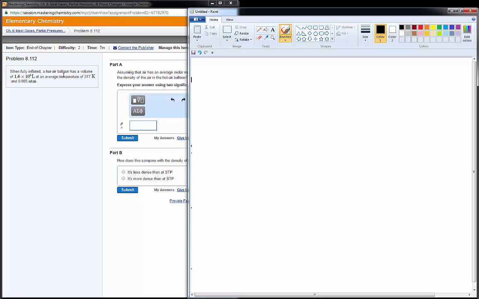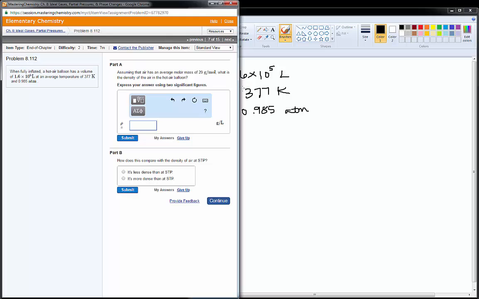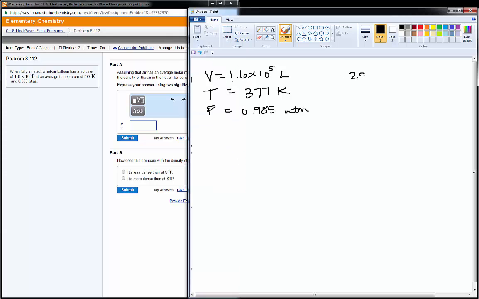So to start, we see a hot air balloon has a volume of 1.6 times 10 to the 5th liters, and a temperature of 370 K, and a pressure of 0.985 atmospheres.